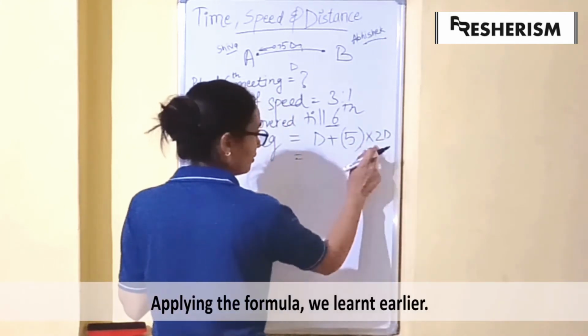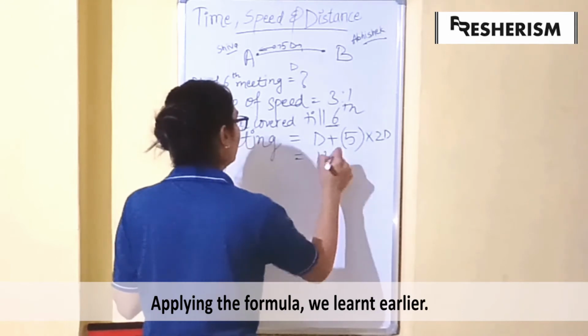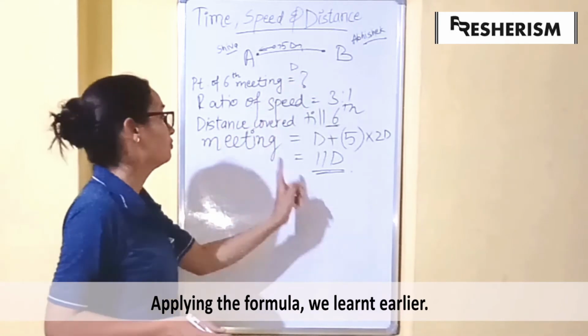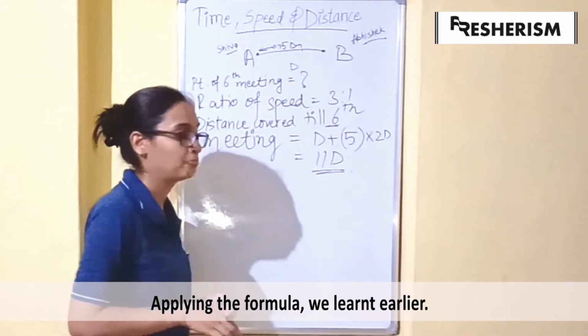It gives us 10D plus D, 11D. This is the distance traveled by them together for the sixth meeting.